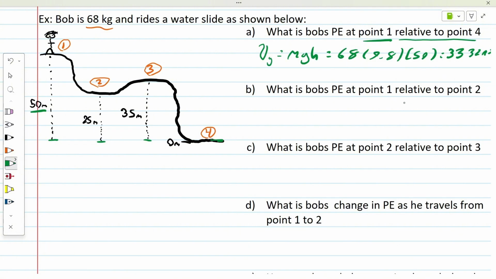Okay, so what is Bob's potential energy at point 1 relative to point 2? So now, the mass and gravity aren't going to change for any of these, because he's not changing his mass, and the gravity is always constant. But now we have point 1 relative to point 2.